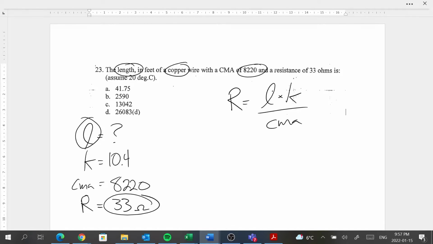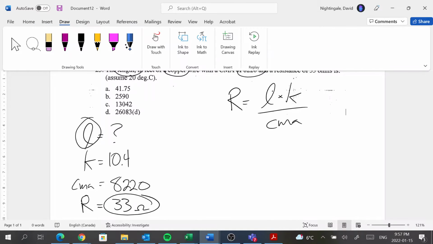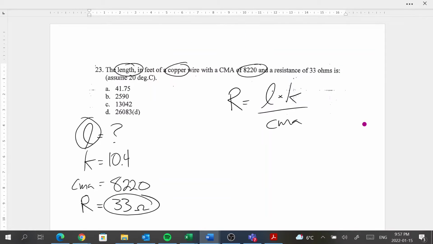Now, one thing we've got to do here to solve this formula is transpose it. What I would do is isolate L on this side of the formula.